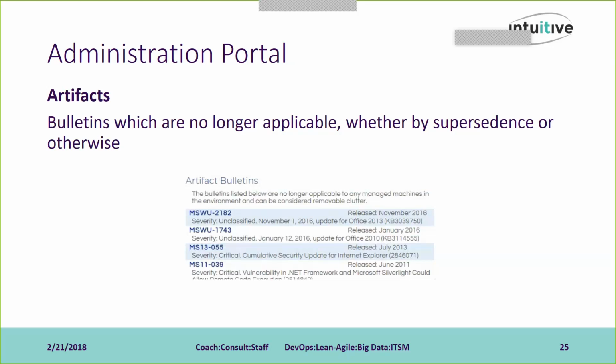So the compromise was to put it in a dashboard or an admin menu module, and then let them go down and just start clicking the ones that they want to remove. Basically, you click the bulletin, you say, I no longer want this, and it removes files that are no longer needed, so downloaded bulletin files, as well as cleaning up policies in the policy hierarchy or the policy form in the console itself.